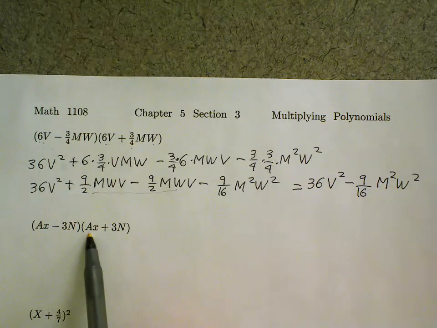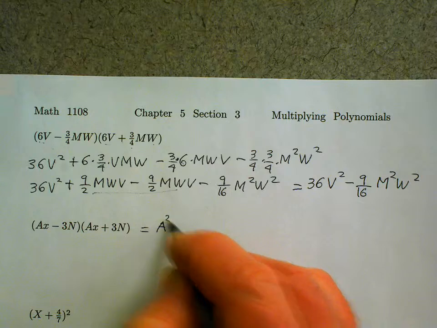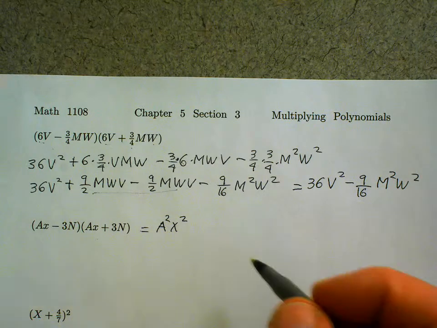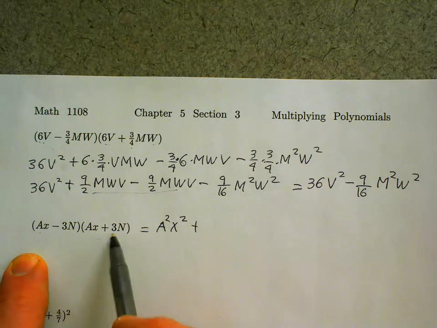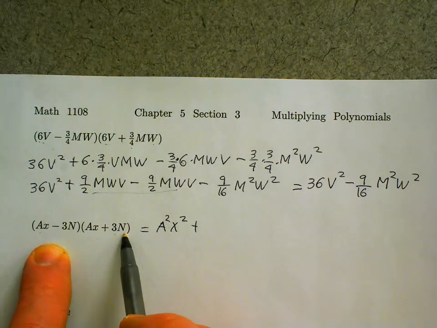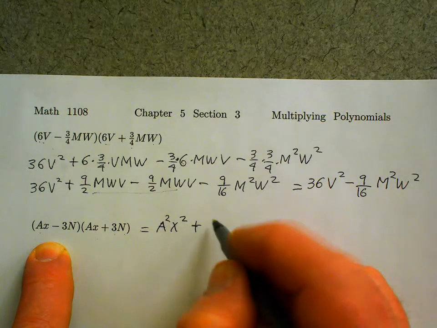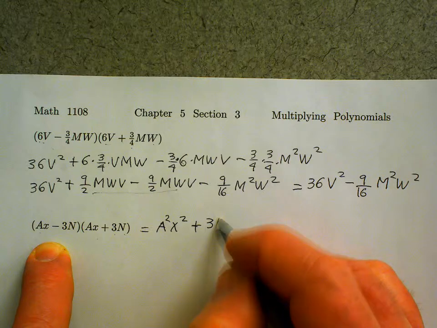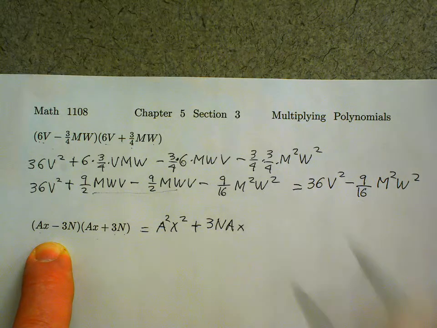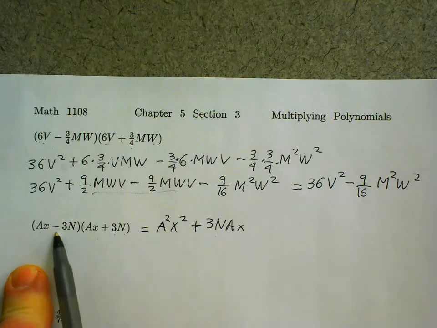Ax times ax is a to the second x to the second. And then plus ax times 3n. We can write it as plus 3n times ax. Okay, then we shift over and we multiply negative 3n times ax.